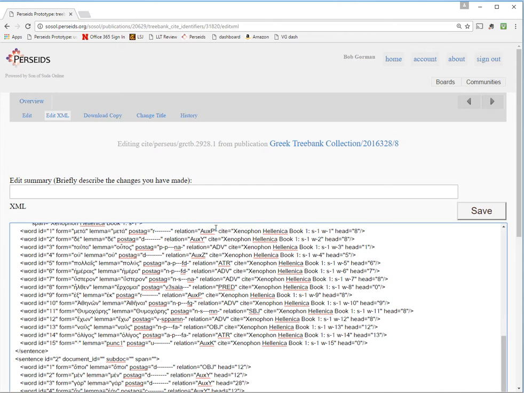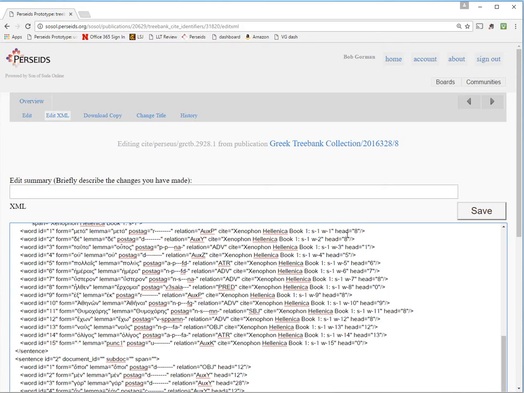Then we have the relation. This is the syntactic relation pertaining between the given word and the head of the word. We have a citation, bit of metadata here. Tells us this is the first word of the first sentence and so on, which we've added for purposes of debugging code.